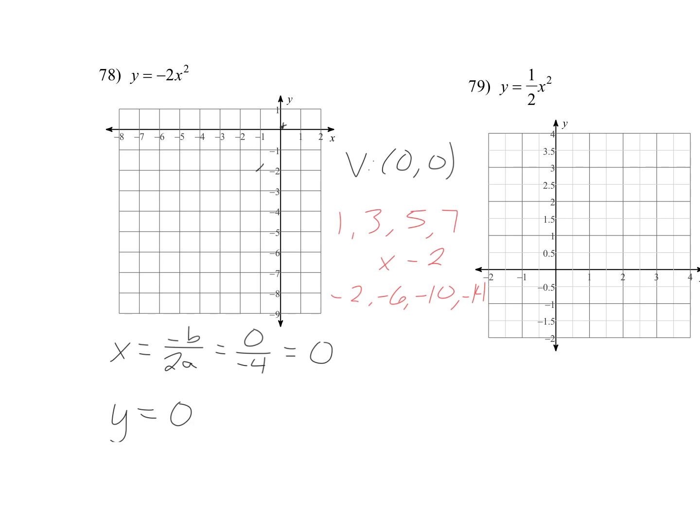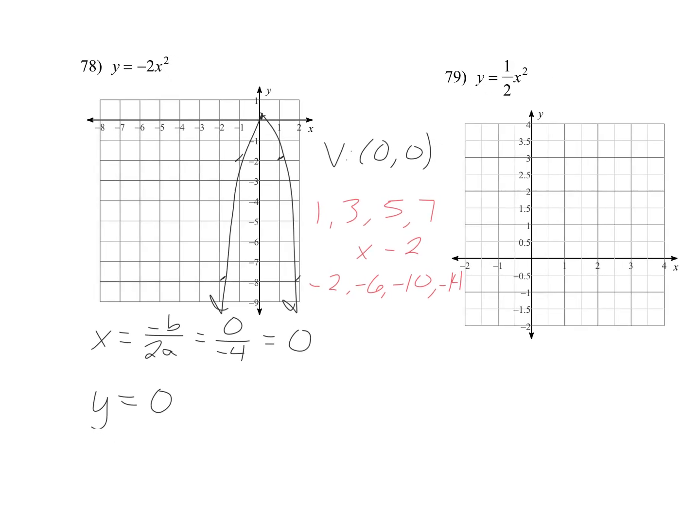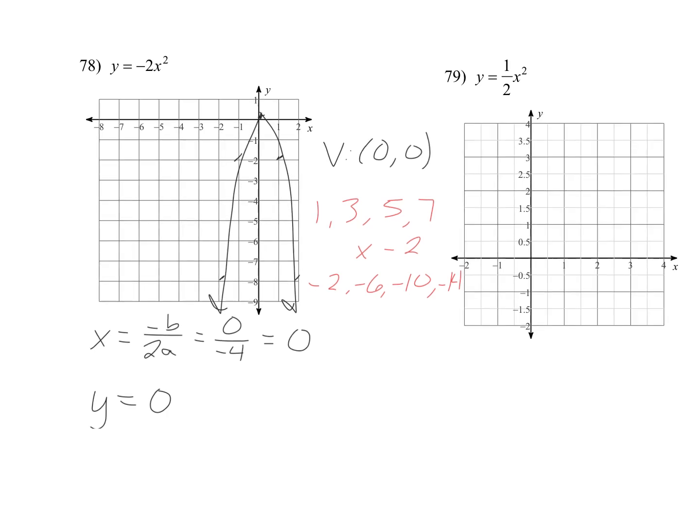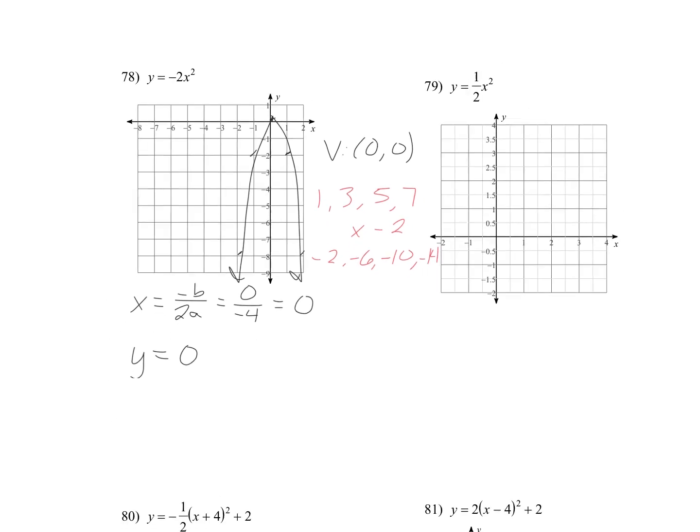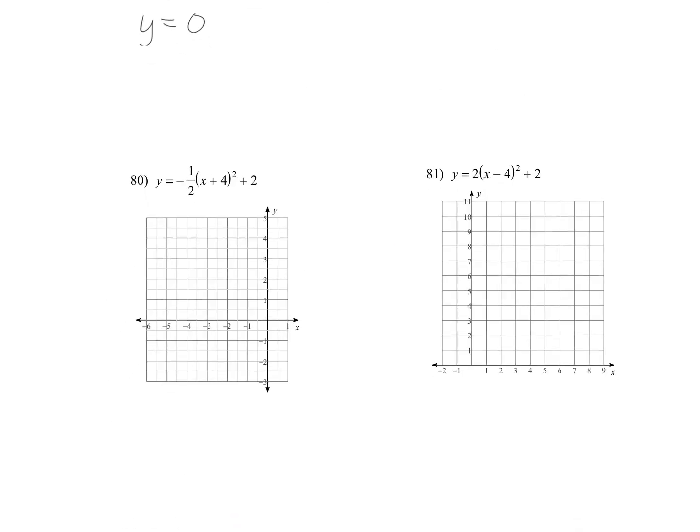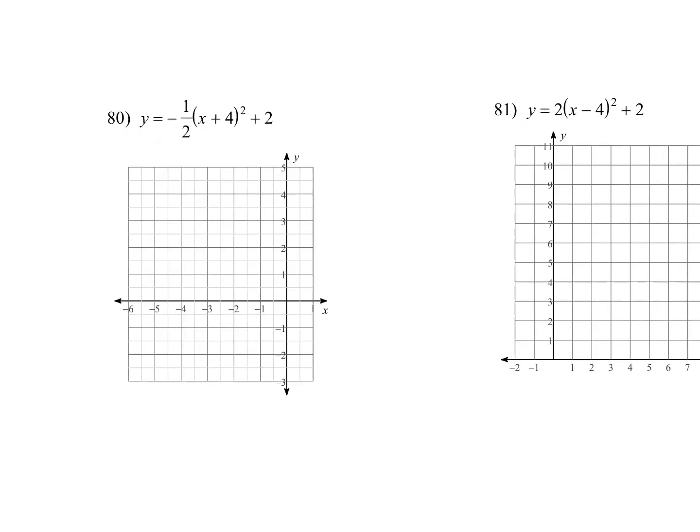Yep. Good. Okay. So what's your vertex going to be on number 79? 0. Yep. Good.